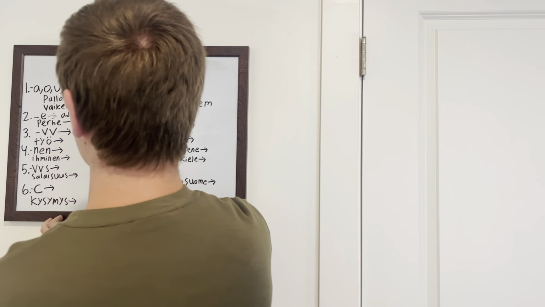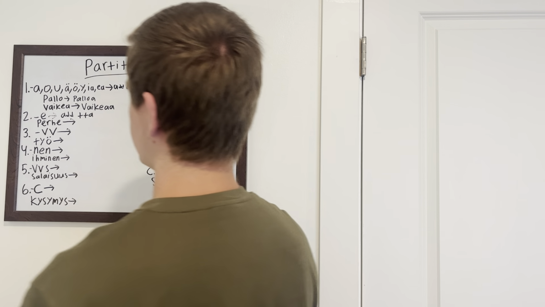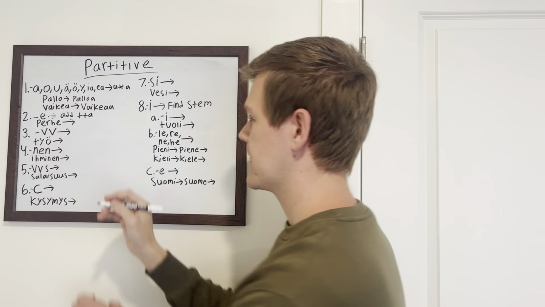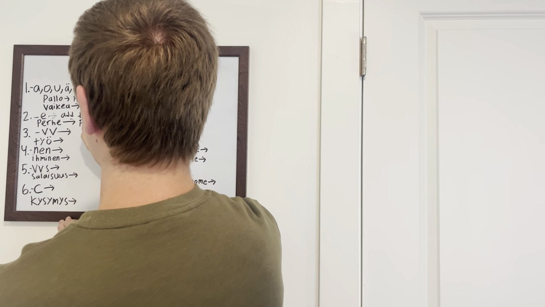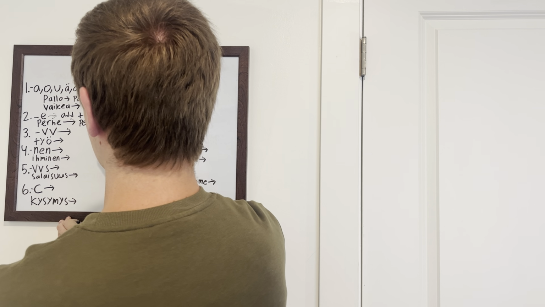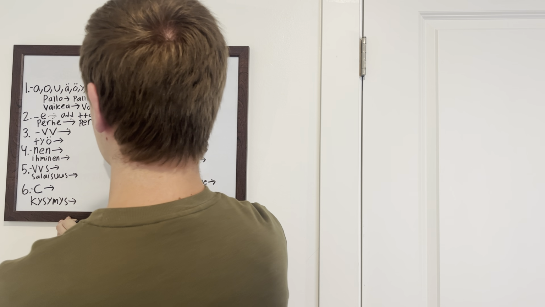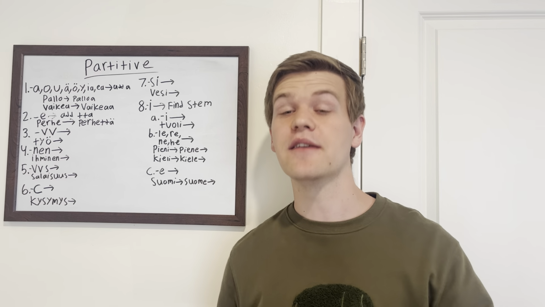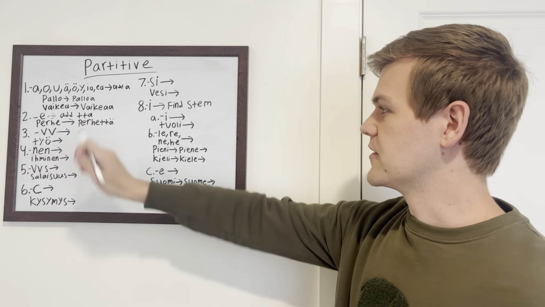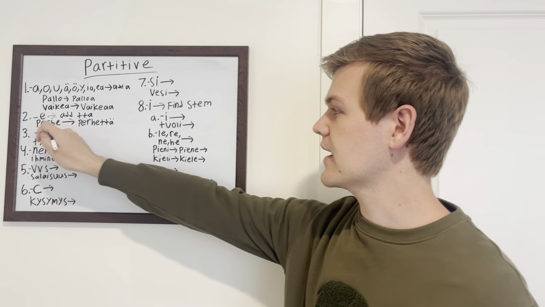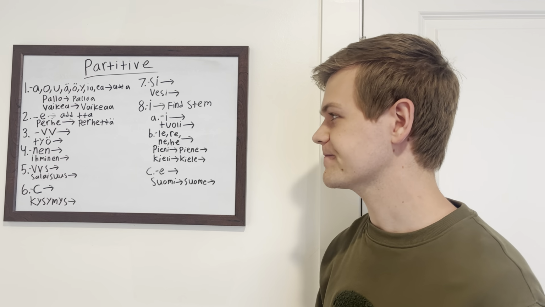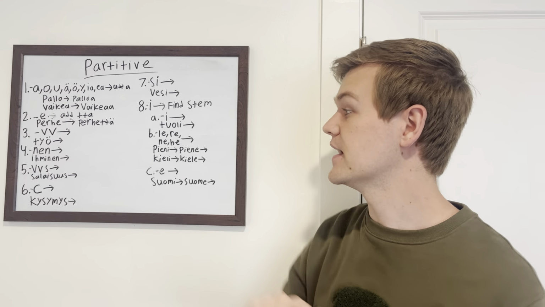Add TTA. So for example, with the word perhe, which is family, we're going to get perhettä. And I'm using this high A because of vowel harmony, and I've got a video on vowel harmony if you don't know what that is. So I'm going to use a high A here, but perhe, we're going to go perhettä. A double T and an A. And so that one is if it ends in an E.